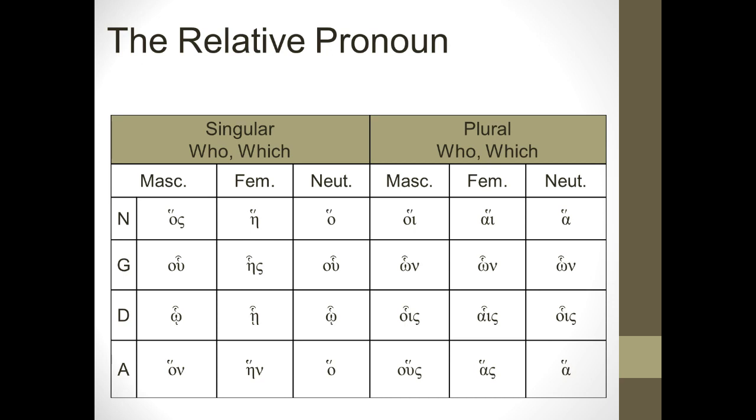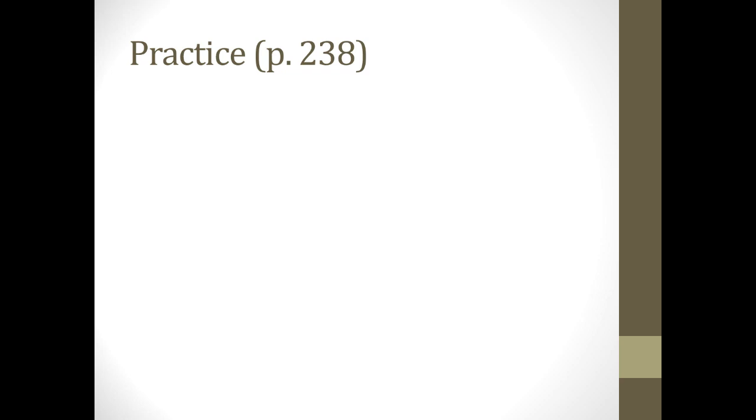So it's not simply os, e, o, it's hos, he, ho, and it's not simply ou, es, ou, it's hou, hes, hou, or ho, he, ho, or hon, hen, ho in the accusative singular. And so these are your relative pronouns, and it's how you introduce the word which, or who, into a sentence. Let's take a look at some examples that we have on page 238 in your textbook.